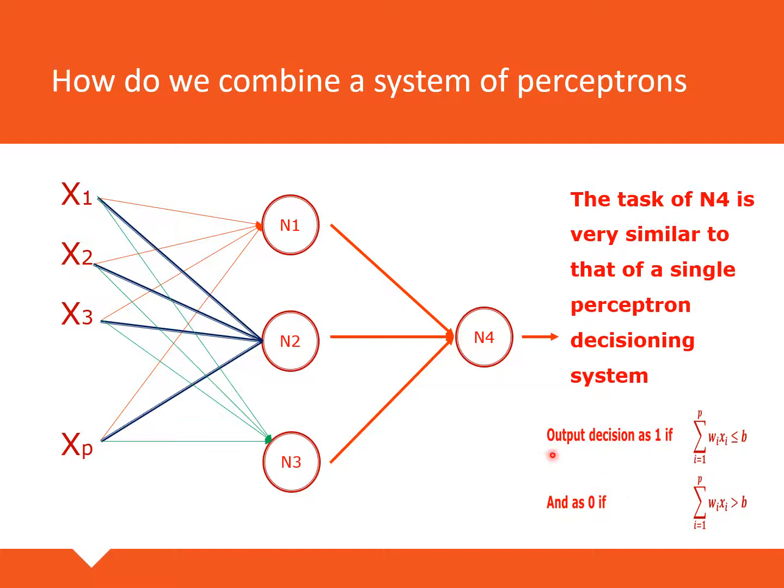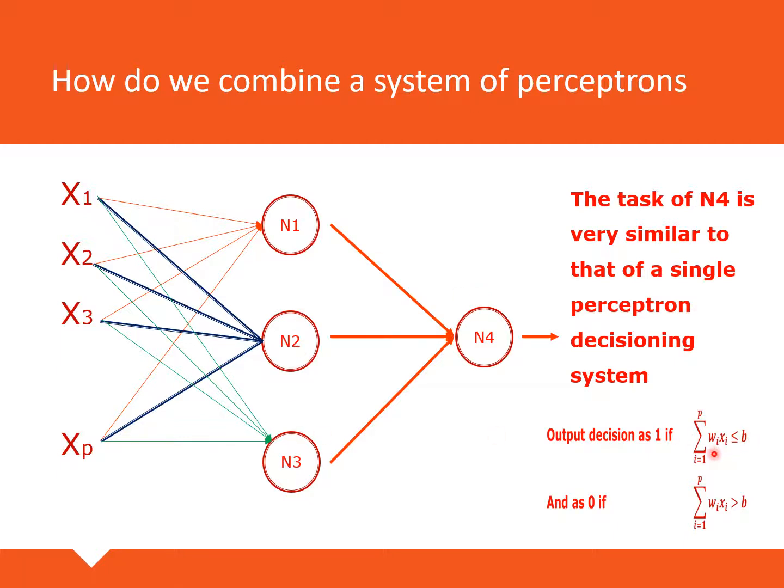And how is it combining them? It's a perceptron, so it is combining them in the way perceptrons make decisions. So it's again doing a linear combination of this nature, but in this case the linear combination is not of the x's. Though I have used x as a common notation here, N4 is not doing a linear combination just of the initial x's, but of what is coming out from N1, N2, and N3.